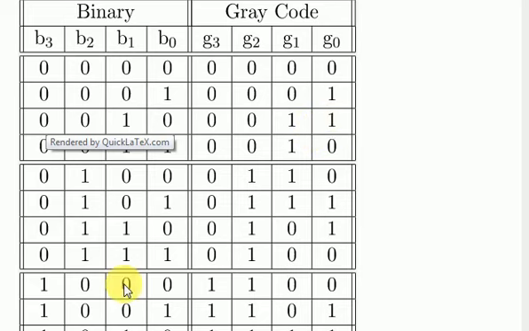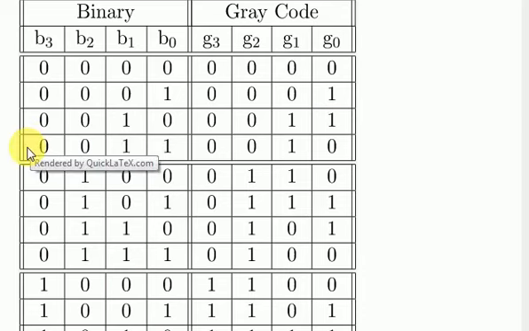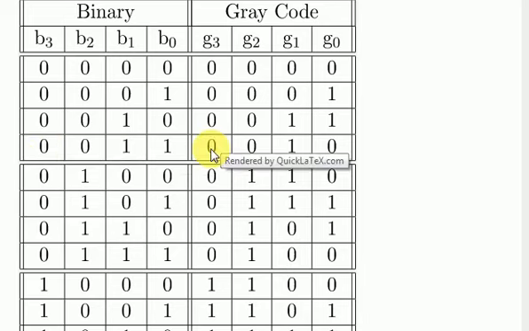In the next combination, we are having 0 0 1 1. There, the first bit 0 will be placed as it is, 0 here. When we XOR 0 0, the answer will be 0, that is placed here.